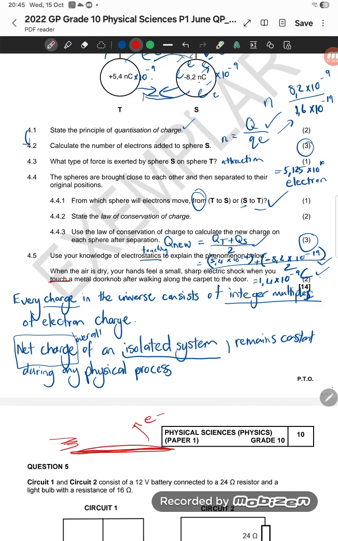When the air is dry, your hands feel a small, sharp electric shock. Okay, so humidity. When air is dry, there's less water vapor, which means the humidity is low.